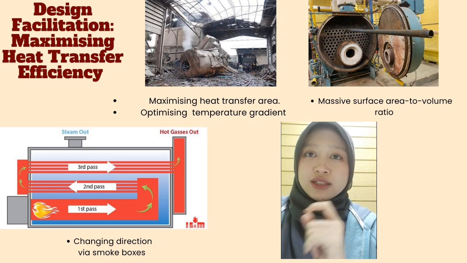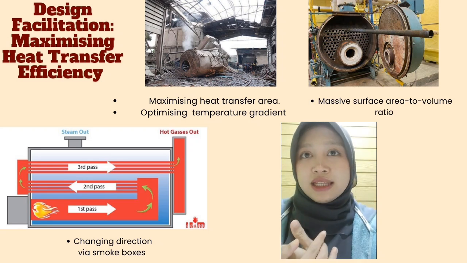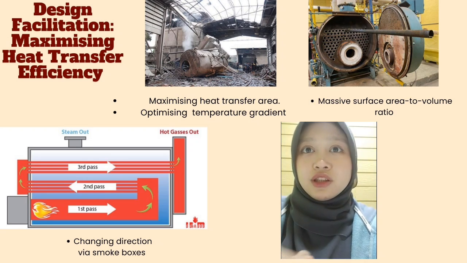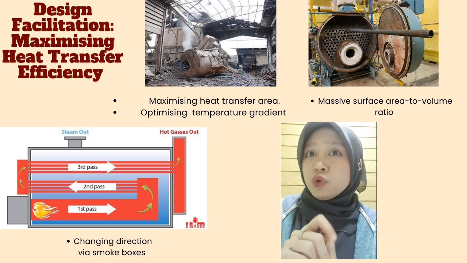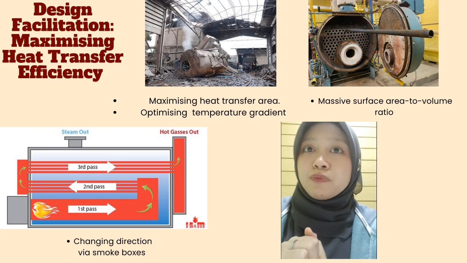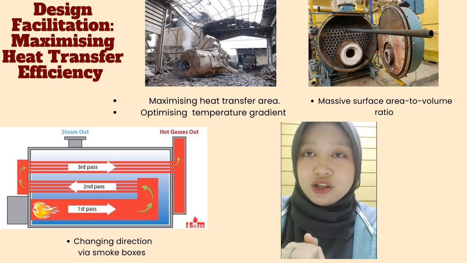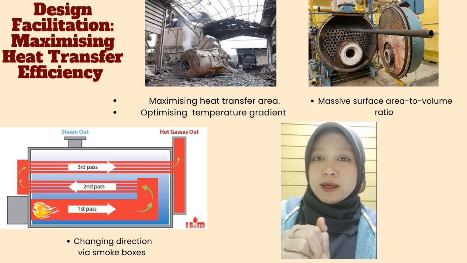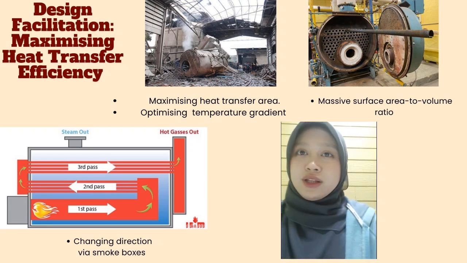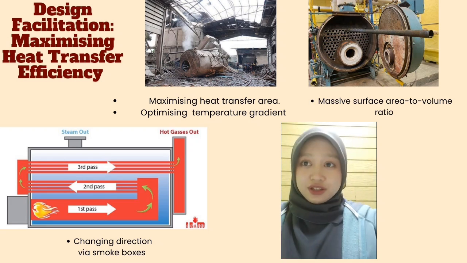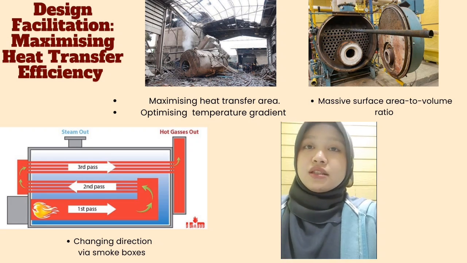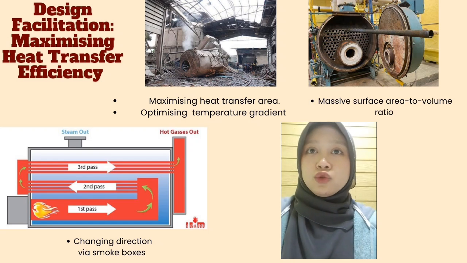Design element number two is the multi-pass system. This is perhaps the most critical design feature. The hot flue gases don't just pass through one set of tubes; they are often directed through 2, 3 or even 4 distinct passes, sometimes changing direction via smoke boxes. Why? It's to maintain a large temperature gradient. As the gases travel, they lose heat.